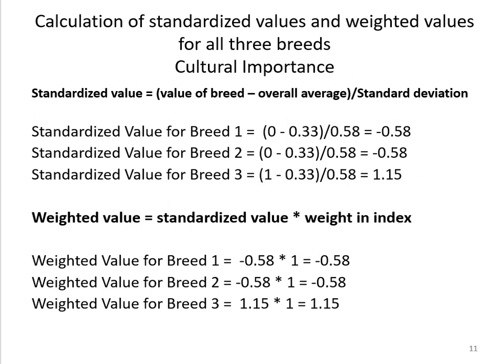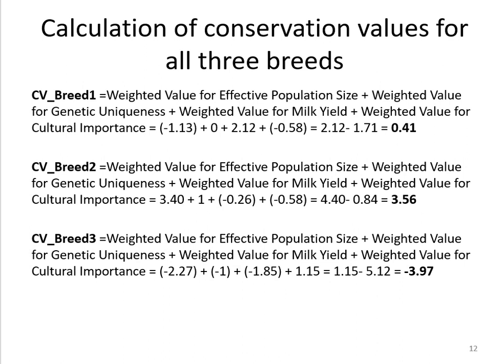The next step is just to add all these and get the conservation value. For breed 1, it is equal to the weighted value for effective population size plus the weighted value for genetic uniqueness plus the weighted value for milk yield plus the weighted value for cultural importance. After adding all these weighted values, I got 0.41 for breed 1, 3.56 for breed 2, and minus 3.97 for breed 3.